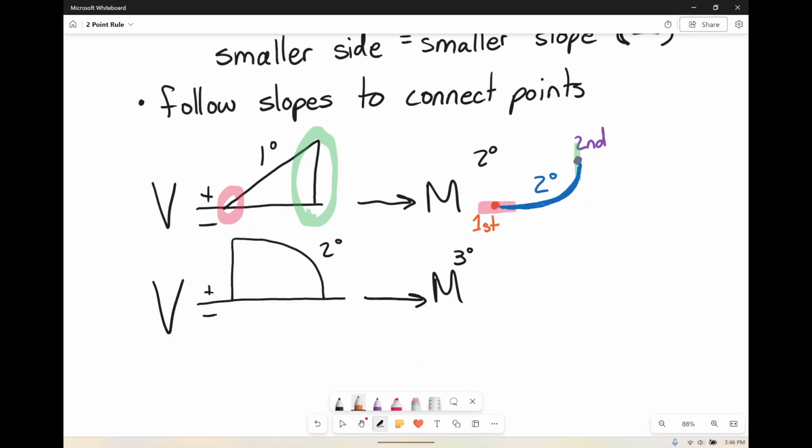So again, shear is positive, which means moment's going to go up, which means first point's down here and second point is up here. Okay, that starts off the same. Let's look who's bigger. On our left side, it's really big, so on our left point here, we're going to have really big. So that's pretty vertical.